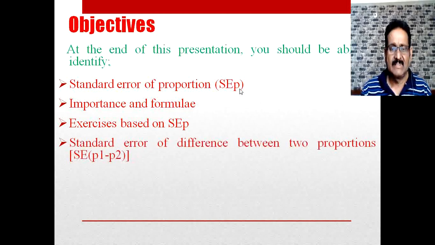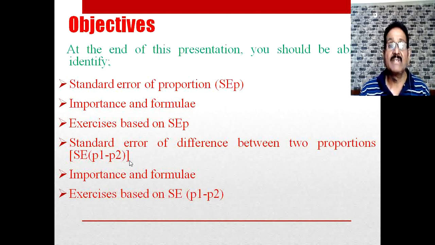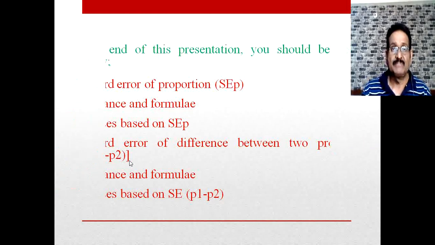Next, we will consider the difference between two proportions, and notationally it is known as SE of P1 minus P2. We will also learn about the importance and various formulas related to standard error of difference between two proportions. And lastly, we will solve exercises based on standard error of difference between two proportions.